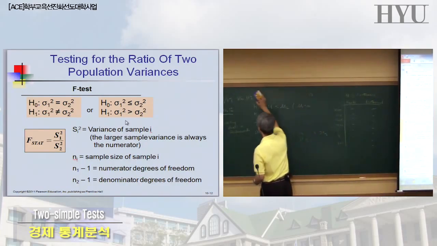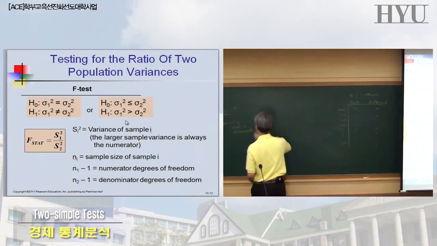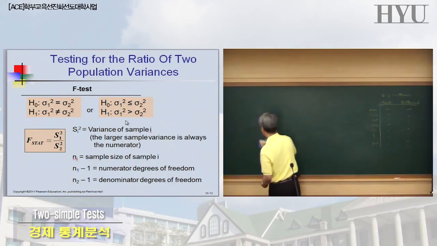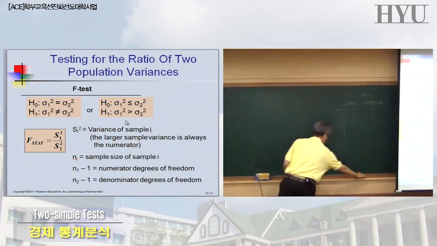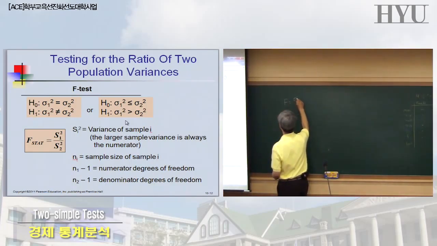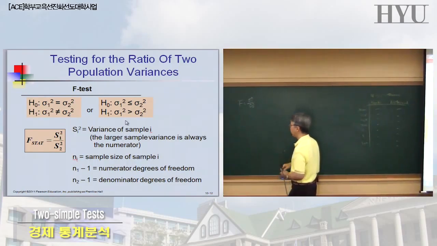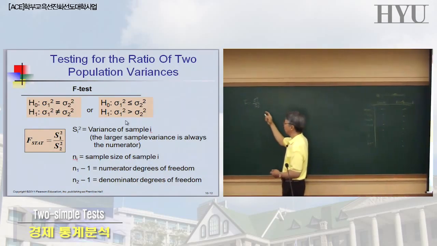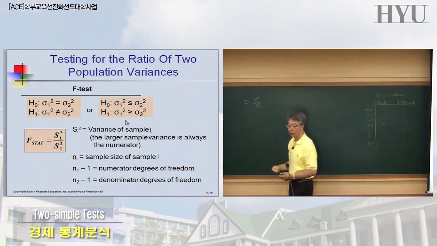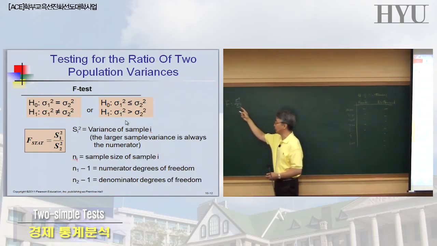In the F-test, F is sigma 1 squared over sigma 2 squared, the comparison of two variances. As you see, the F statistic cannot be negative because we're talking about something squared divided by something squared, variance over variance.